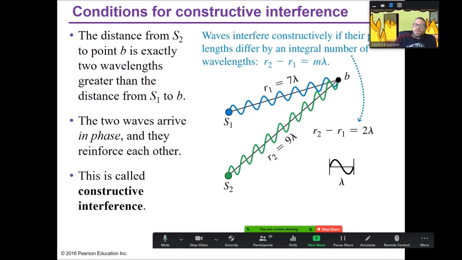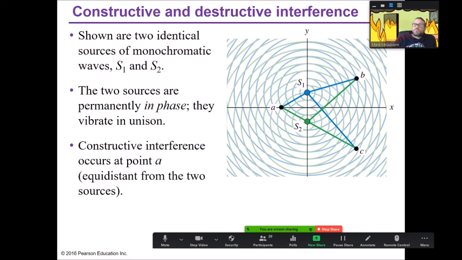Now at point B, when we map out the wavefronts, we can see that point B looks a lot like point A, in the sense that the crests of these two different wavefronts coincide right there. But you will notice that it's not the same distance from the two sources.